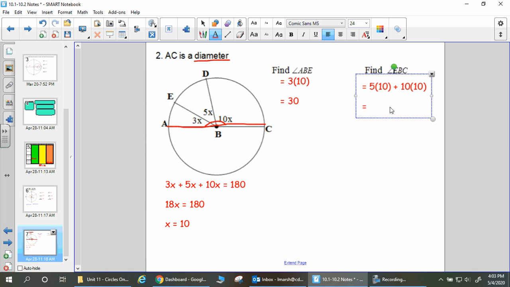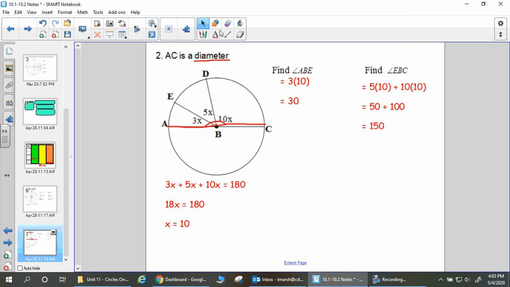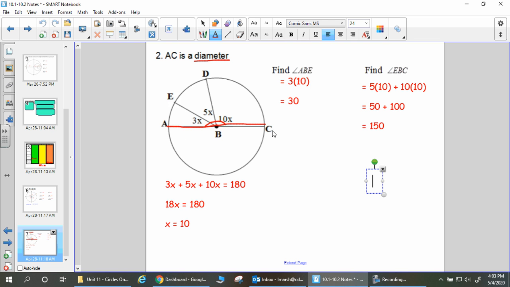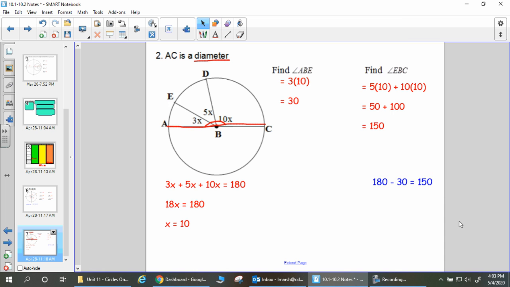And so that means I'm having 50 plus 100, and this is going to be 150 degrees. That would work. Your other option on that question, though, is the fact that you knew you had a diameter and you knew you had 180 degrees, and you just found that the little piece over here was 30. You could have said 180 minus 30 equals 150, and so that also would have worked.